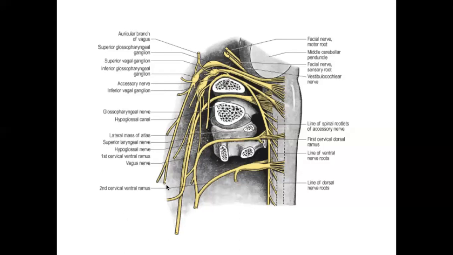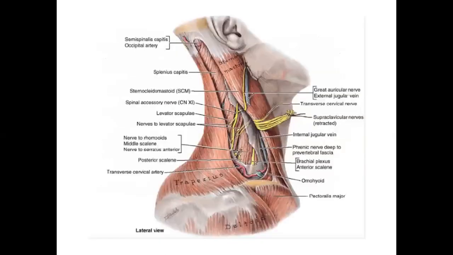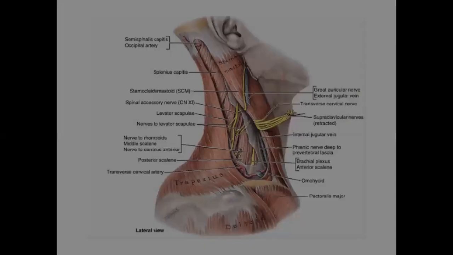It cannot go directly, it will just join with vagus nerve, and via vagus it will go and supply it. Whereas spinal part of accessory nerve is purely motor and supplies the sternocleidomastoid and trapezius muscle.